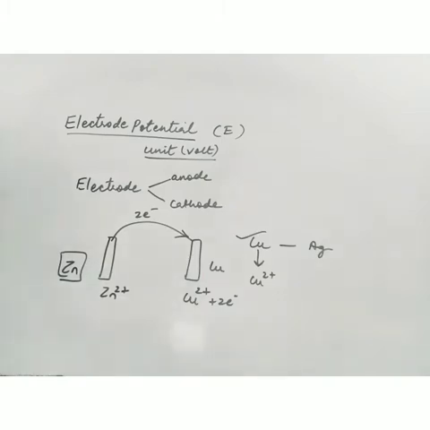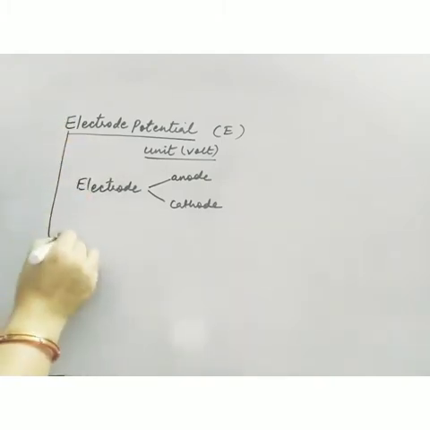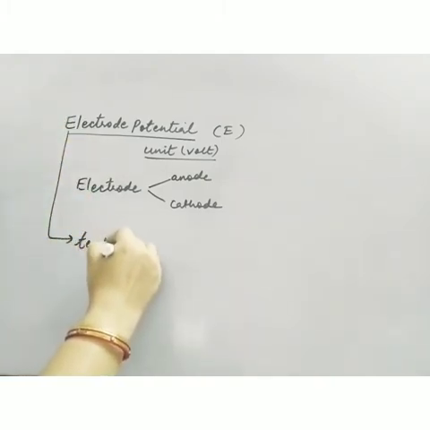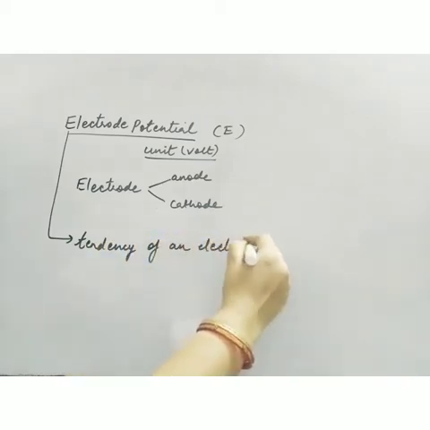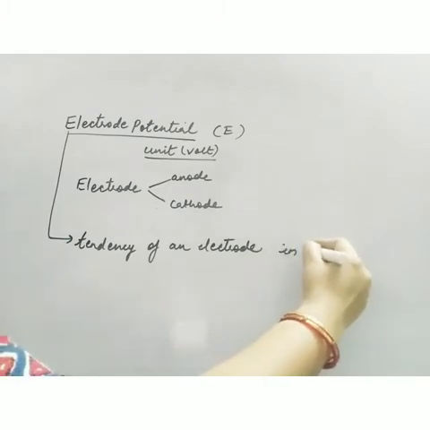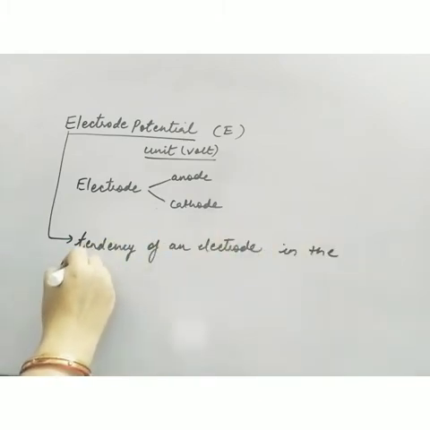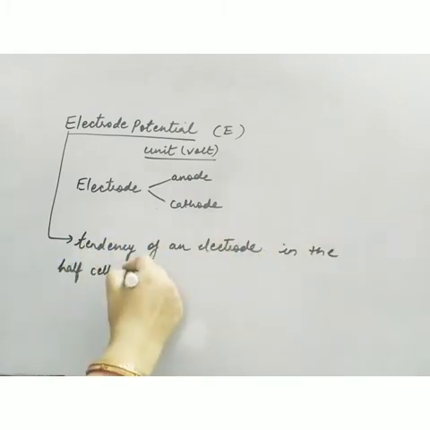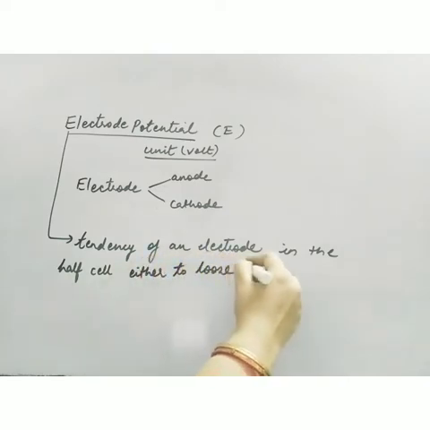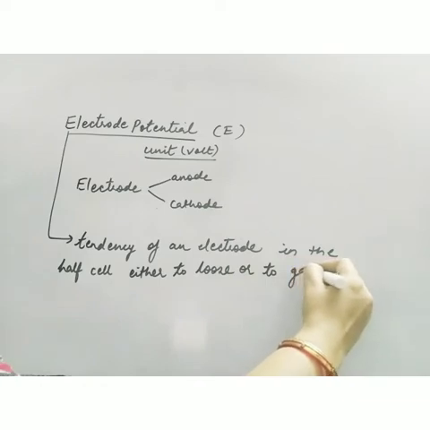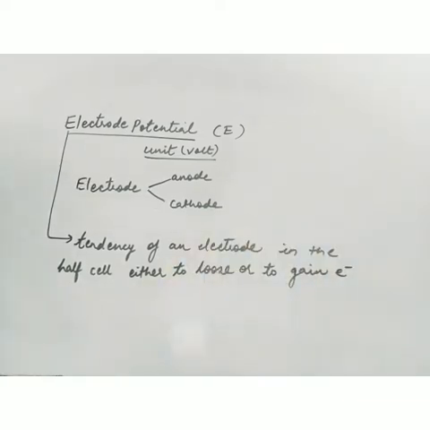So we can define it. So what is electrode potential? It is the tendency of an electrode in the half cell. Half cell means respective beakers, either to lose or to gain electron. So this tendency, this capacity is known as electrode potential.